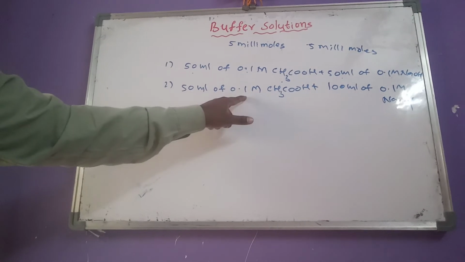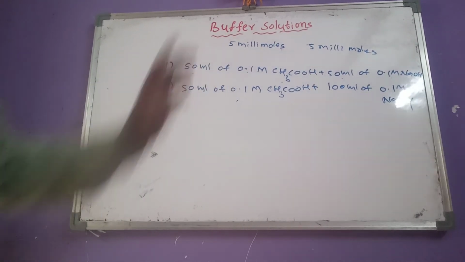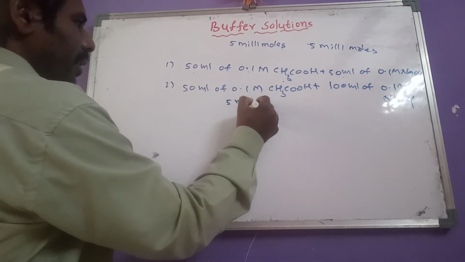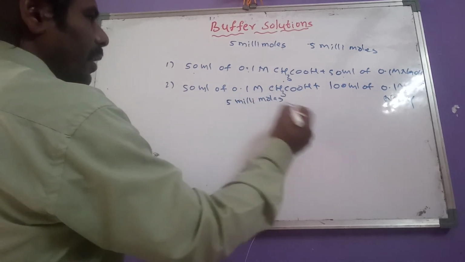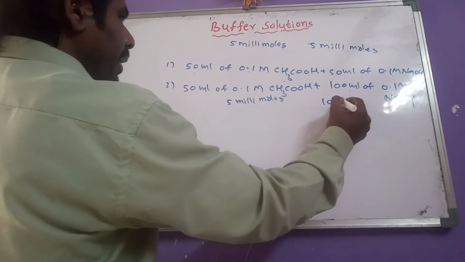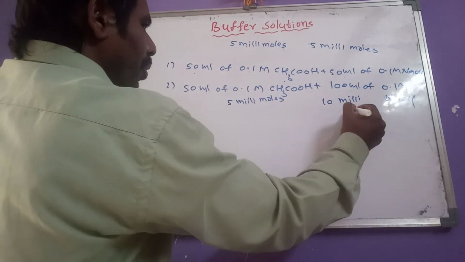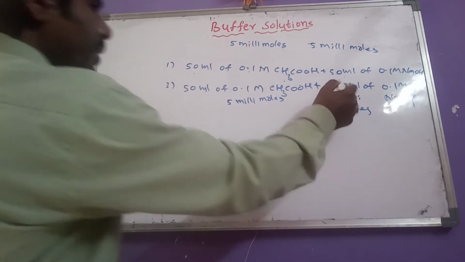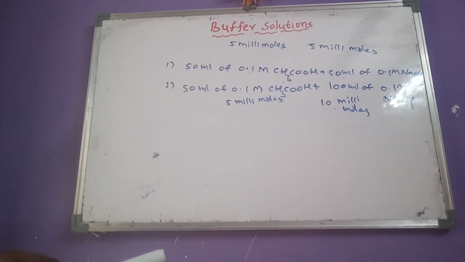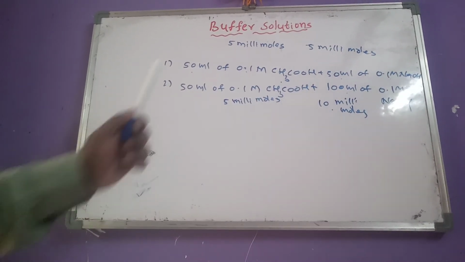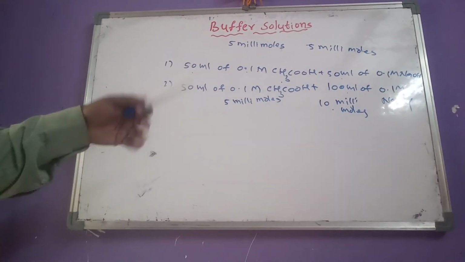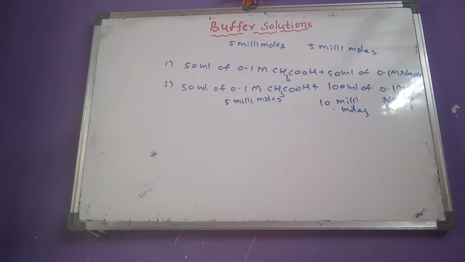Again 50 into 0.1 means 5 millimoles only. This is again 5 millimoles. Now let us see this one also: 100 into 0.1 means 10 millimoles. So here the base is in excess amount. But for the formation of an acidic buffer, the weak acid should be in excess amount. So this is also not true for the formation of acetate buffer.